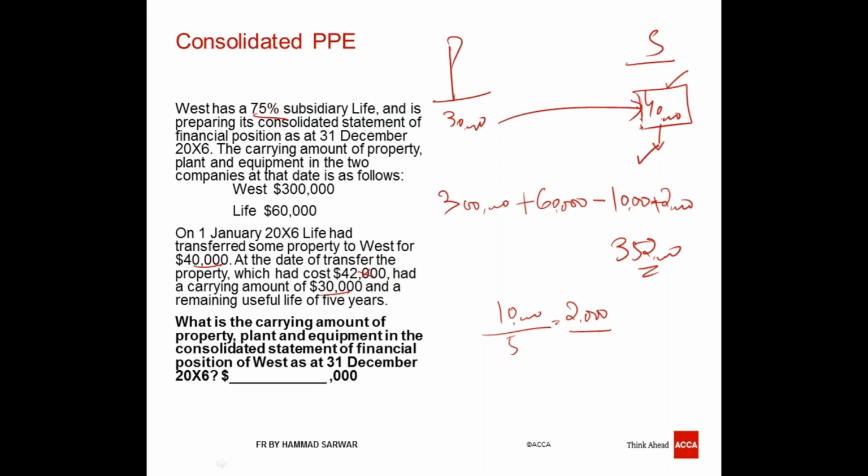But for the purpose of consolidation, you cannot recognize the profit of 10,000 generated from within the group. So there is a profit element of 10,000 in this asset, and you need to adjust the related depreciation of this 10,000 only. So we have overcharged the depreciation. That's why we are making the reversal entry of the depreciation.